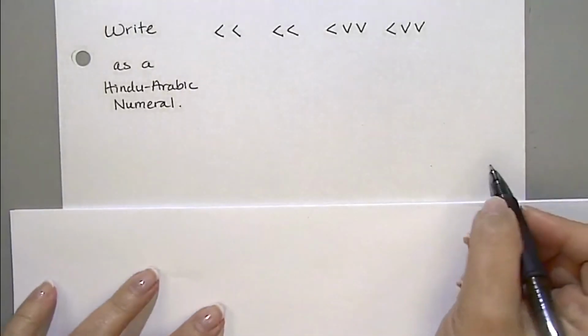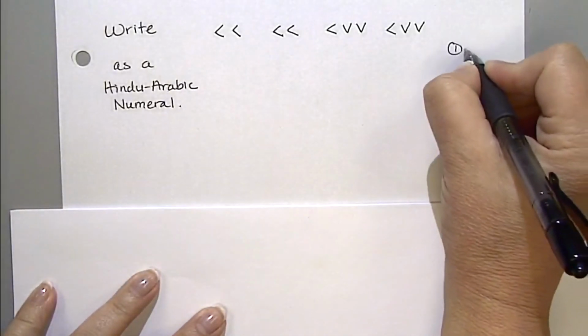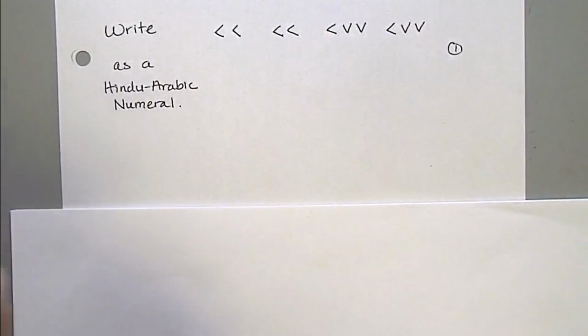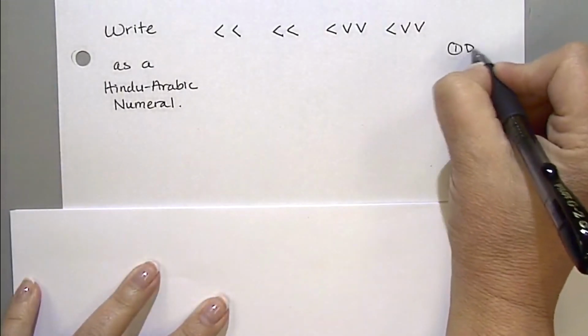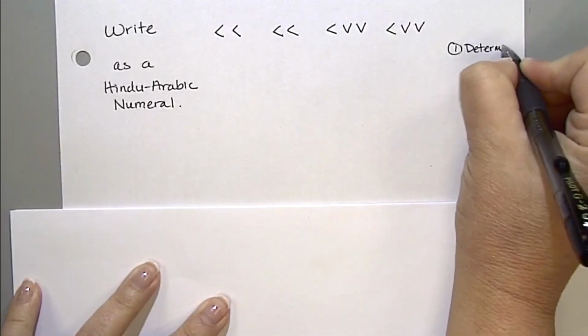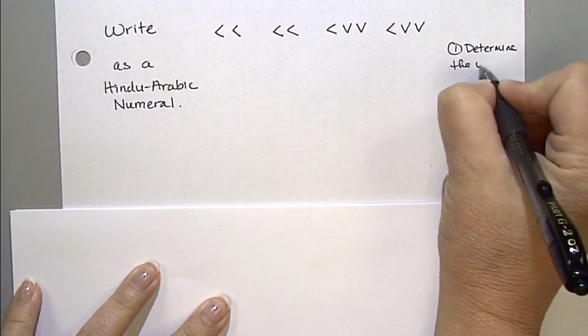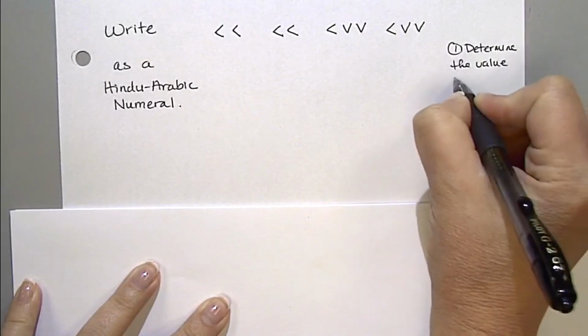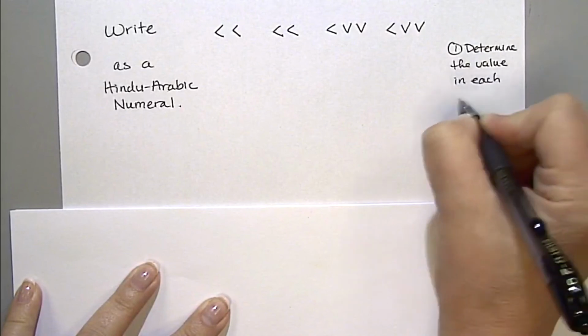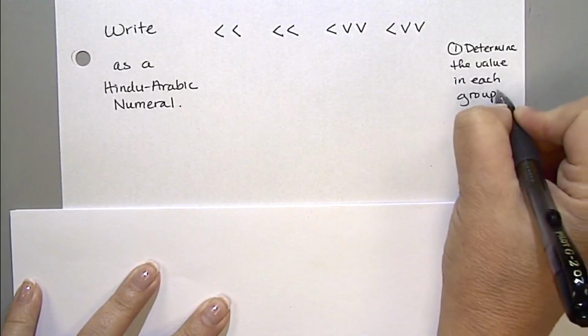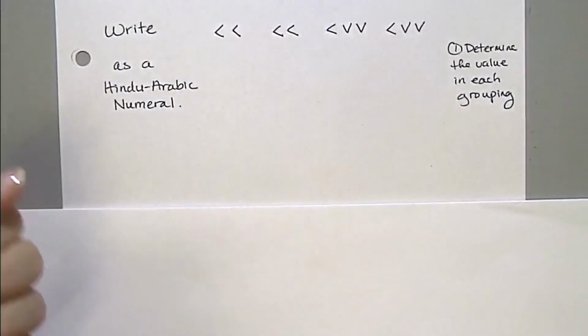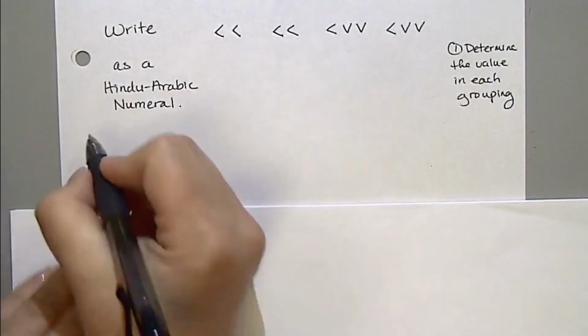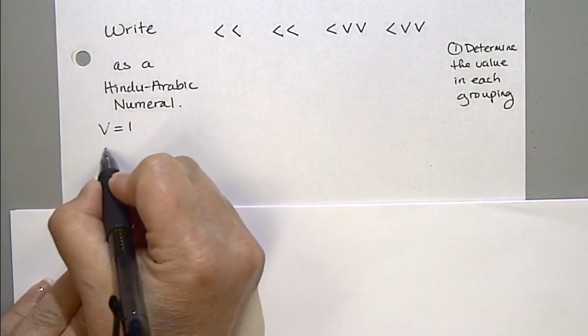All right, so step 1. Determine the value in each grouping. So remember that this equals a 1 and this equals a 10.